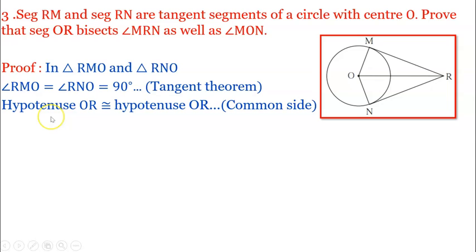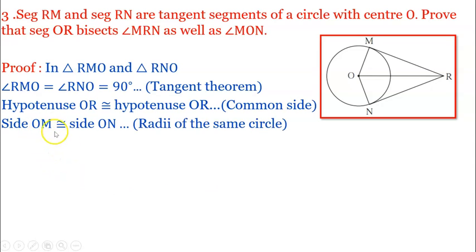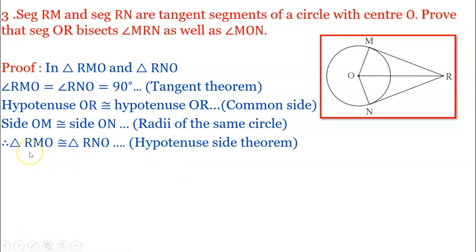By the tangent theorem, hypotenuse OR is congruent to hypotenuse OR, common side. Side OM is congruent to ON, radii of the same circle. Therefore triangle RMO is congruent to triangle RNO by the hypotenuse side theorem.